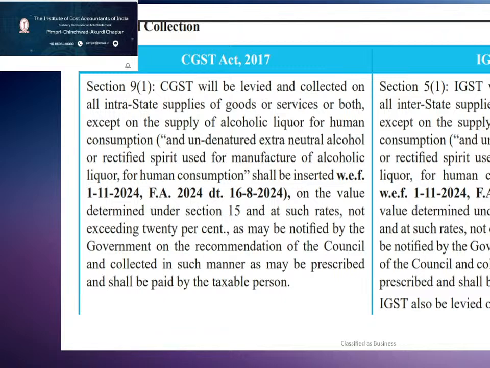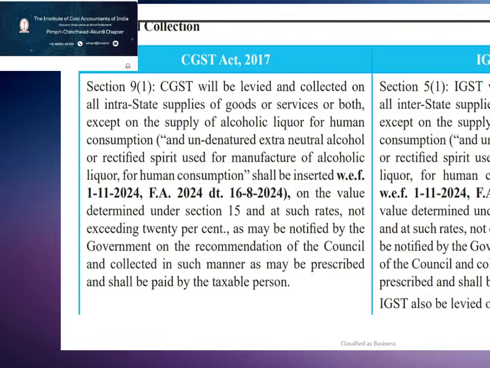Similarly, for section 5 subsection 1, IGST will be levied and collected on all interstate supplies of goods or services or both, except supply of alcoholic liquor. So same terms only. The rate shall not exceed 40%, notified by the government on the recommendation of the council.